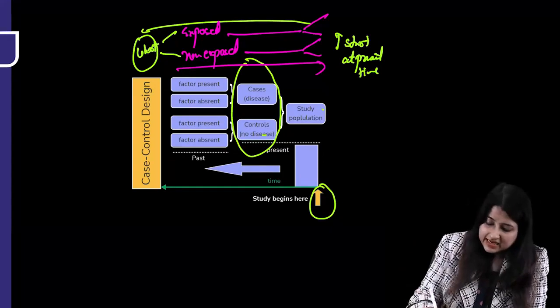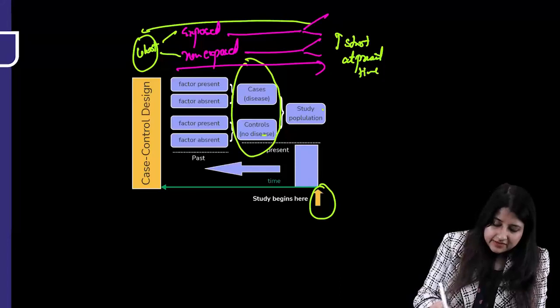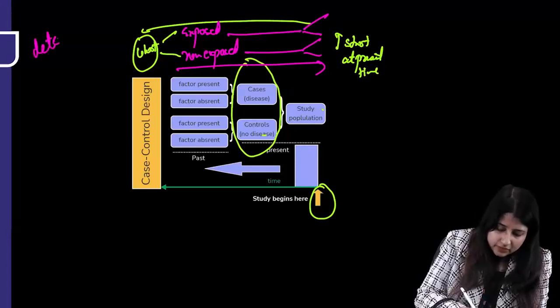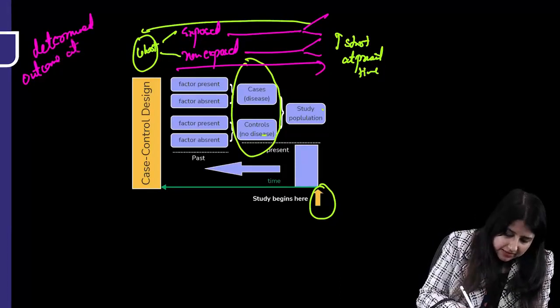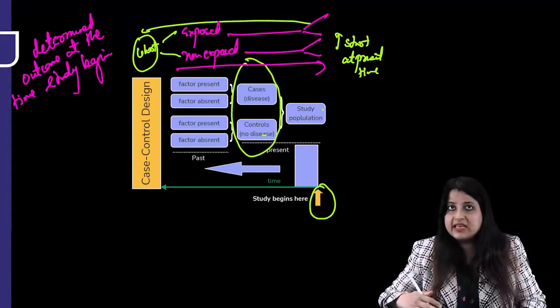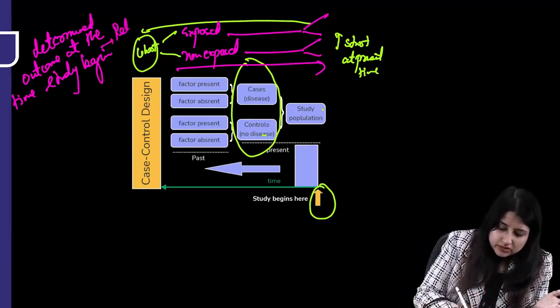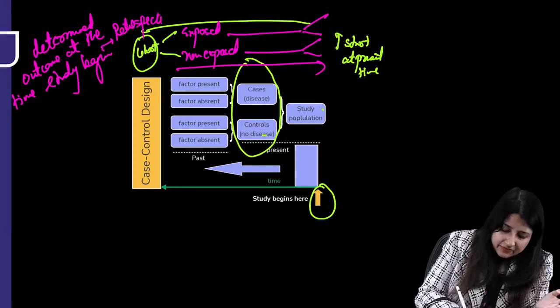I had determined the outcome at the time the study begins. So here in a retrospective cohort, we didn't start with the outcome. We determined it at the time the study begins. Therefore, this was retrospective cohort.